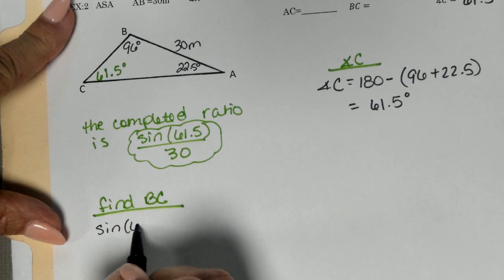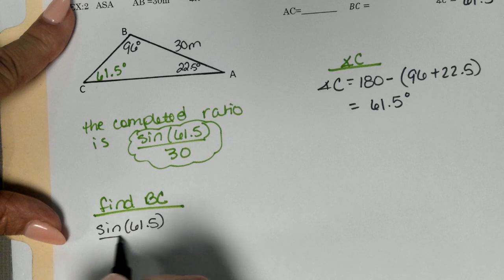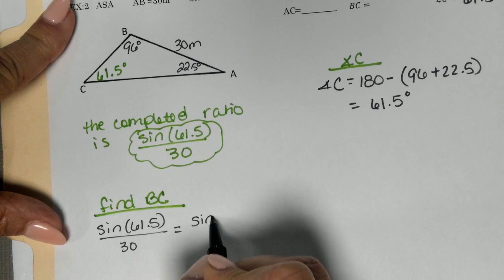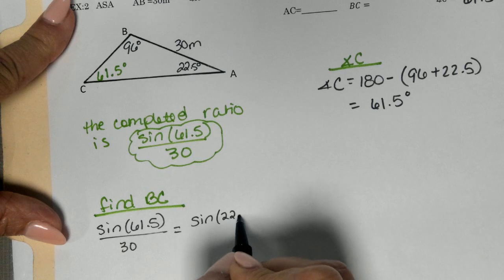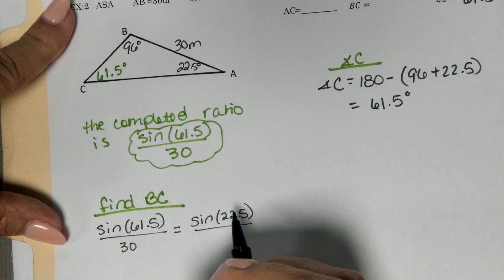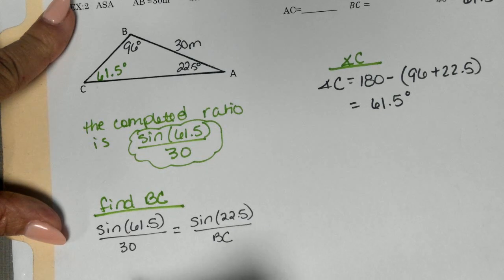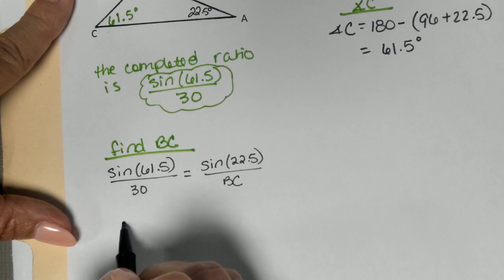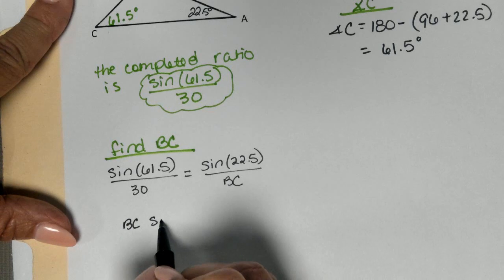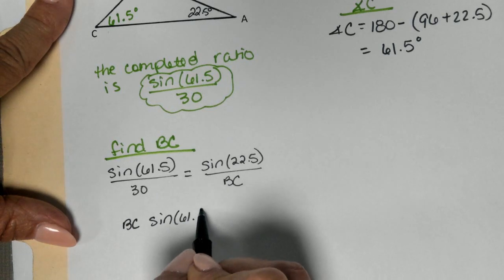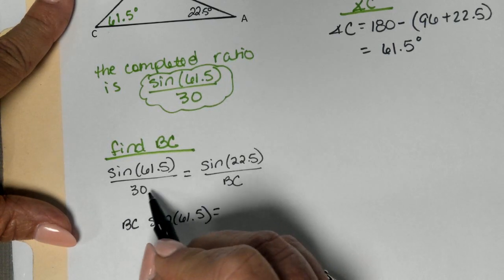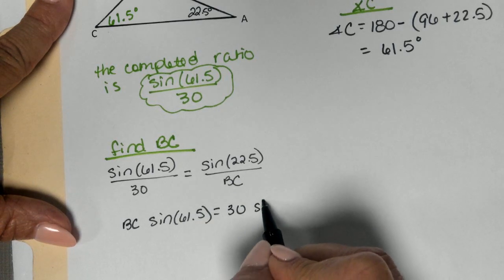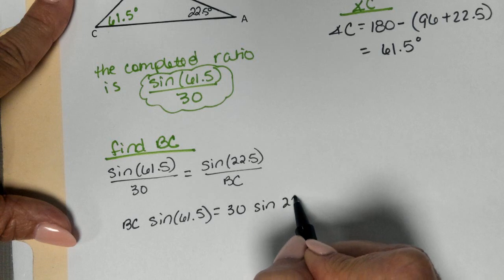The sine of 61.5 is to 30, as the sine of 22.5 is to BC. Cross multiply. BC times the sine of 61.5 is equal to 30 times the sine of 22.5.